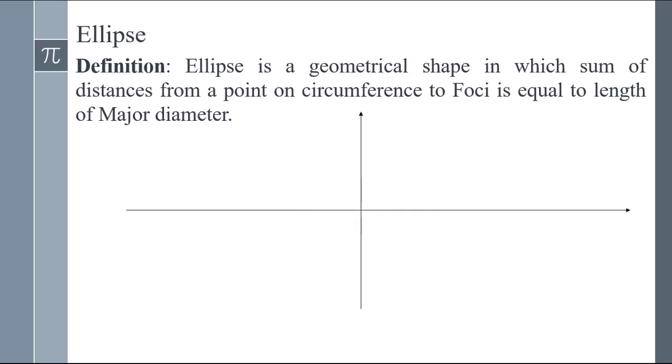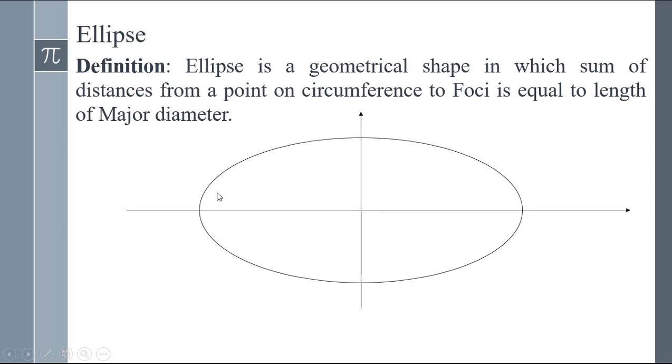We have a coordinate plane with x and y axes. Now, this is an ellipse, and according to definition, we have two focus, which we say foci, and a point on circumference.